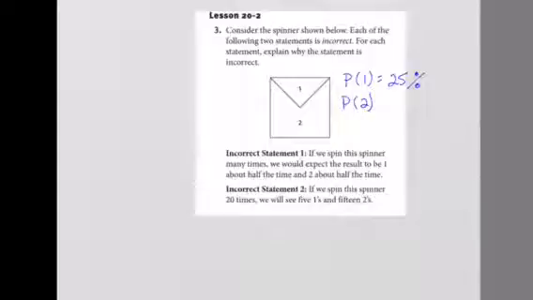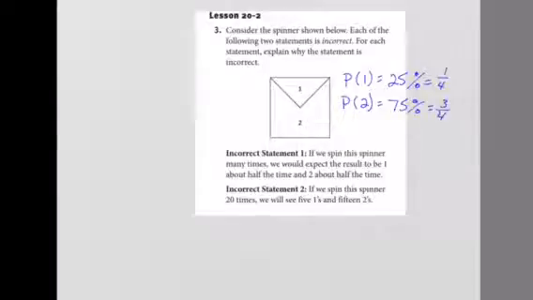Well, it holds three 25% portions, so we know it would be 75%. So the probability would be 25% for 1 and 75% for 2, which could also be written as 1/4 for the probability of landing on 1 and 3/4 for the probability of landing on 2.